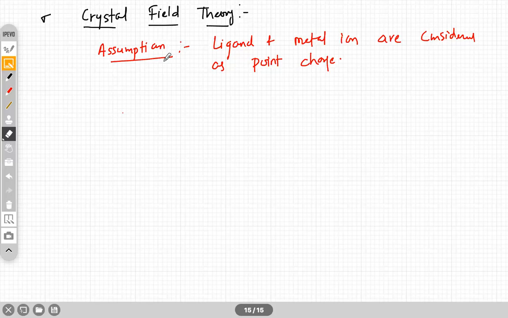In the entire theory, I'm cutting short because it takes a lot of time. Just one line after this you add: because of the interaction between the ligands and the metal ions, the d orbitals experience uneven repulsion.